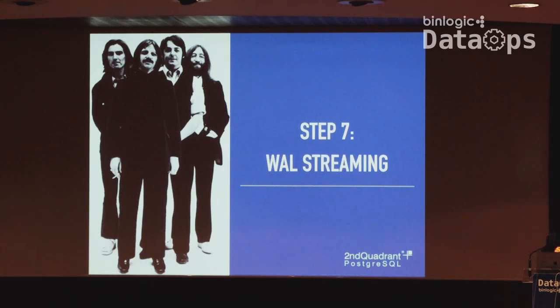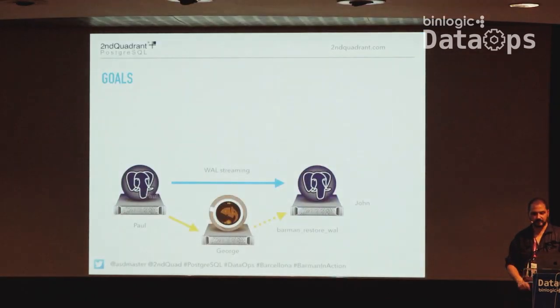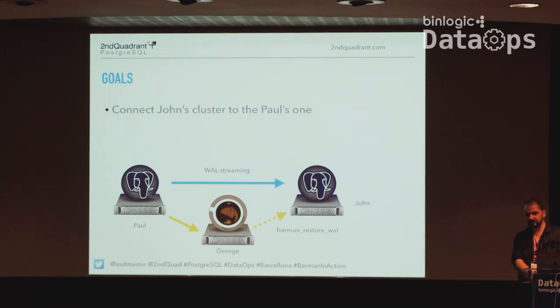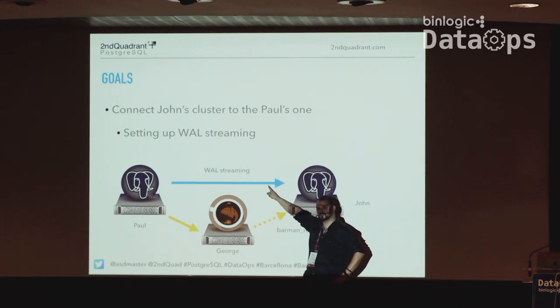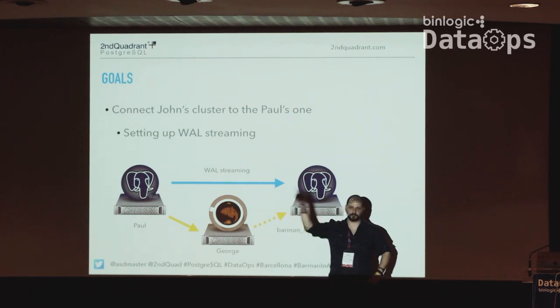Let's add another step to this. We want WAL streaming between the two servers. So the goal is exactly to connect John as standby to Paul, and we can achieve that by setting up WAL streaming between the two servers. So not only are we going to fetch from Barman, but we're also going to use a direct connection over WAL streaming.